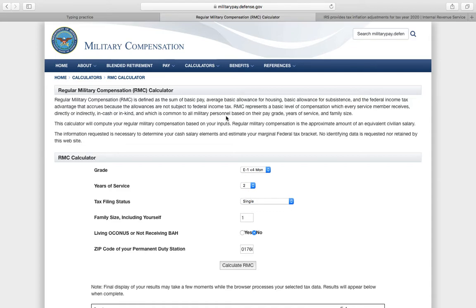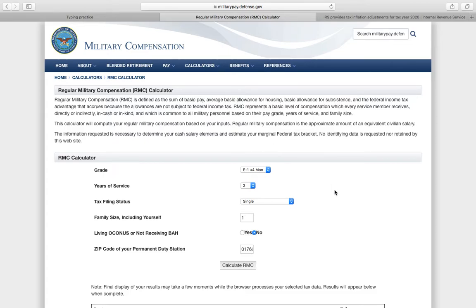All right, so this calculator is called the regular military compensation calculator, and it's something that I use to give me a quick glimpse of what I'm being paid, and more importantly, my marginal federal tax bracket.